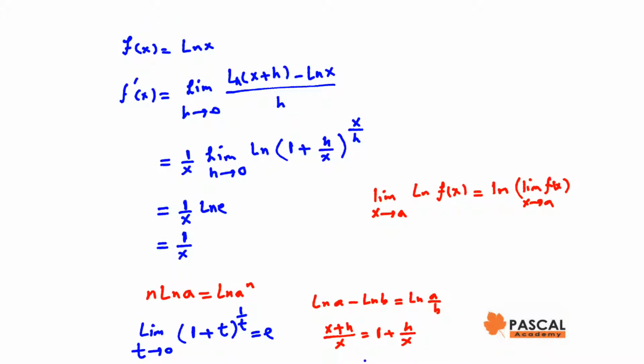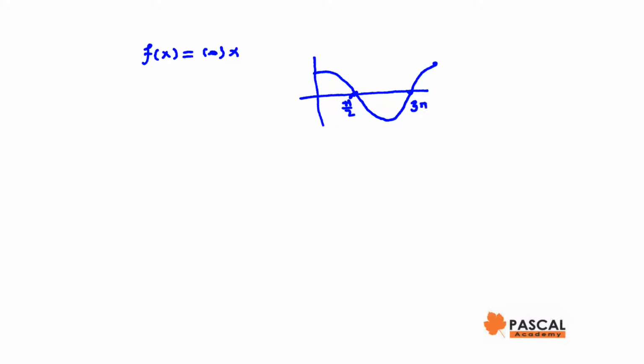Cosine of x is also a periodic function. Its domain is all real numbers. The range is between 1 and -1.